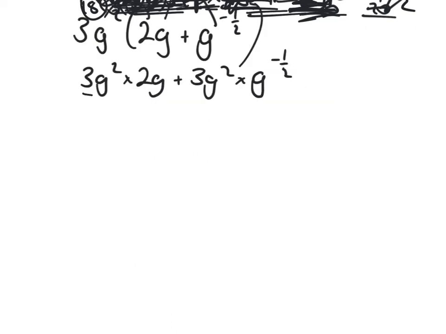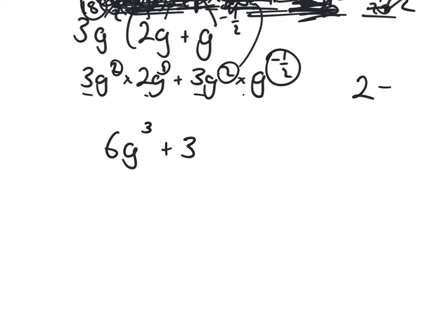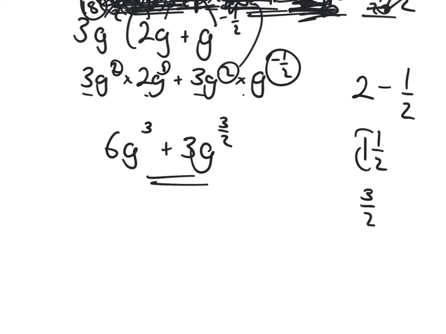Okay, so 3 times 2 is 6. g to the, well, the power here is 1, so 2 plus 1 is 3, 6g cubed plus 3, and then I'm adding together 2 and minus 1/2. So 2 pizzas take away half a pizza, that's 1 and a half pizzas, and that can be written as 3 over 2, 3g to the 3 over 2.